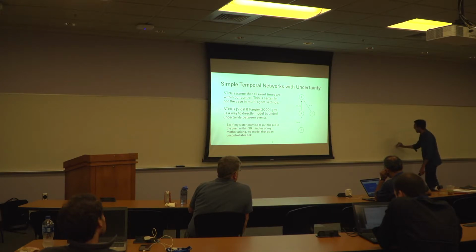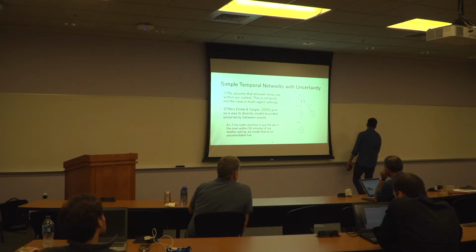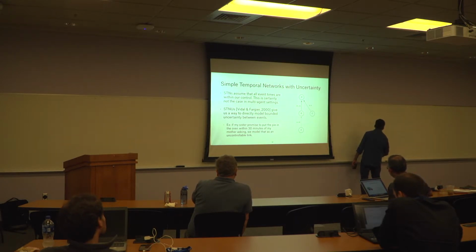Make it a negative: negative 5 is greater than or equal to B minus D is greater than or equal to negative 10. And so this is exactly equivalent to an arrow going backwards from D to B, with bounds negative 10, negative 5.